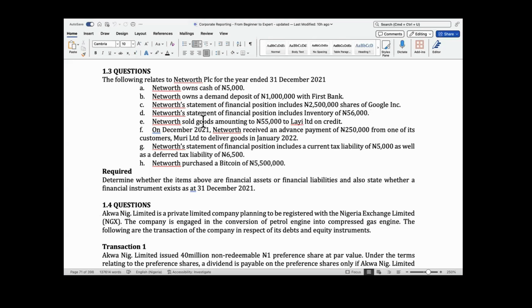The next one is Net worth sold goods amounting to 55,000 to Lie on credit. So this is a sale on credit. Net worth will have trade receivables, which give Net worth the right to receive cash, which is a financial asset.